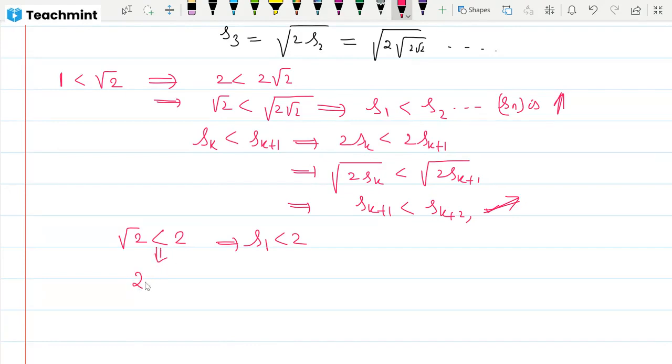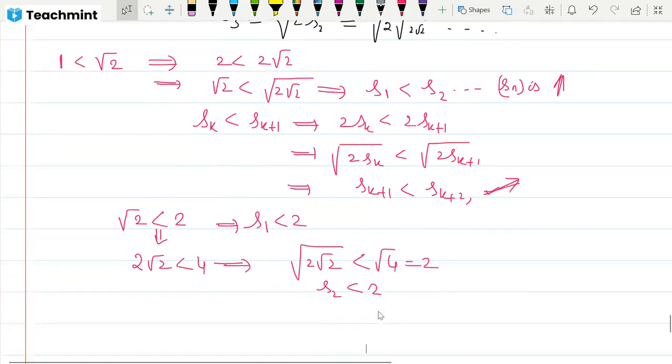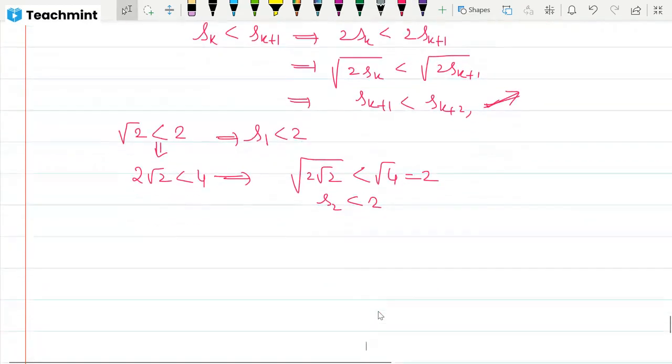So 2 root 2 is less than 4, and taking the square root on both sides, root of 2 root 2 is less than root 4, which is 2. So S2 is also less than 2. The second term is less than 2, the first term is also less than 2.